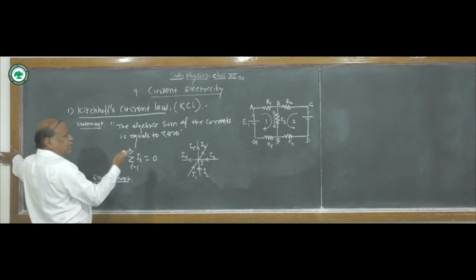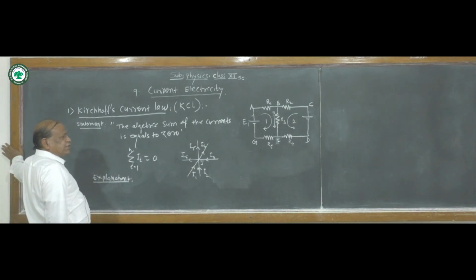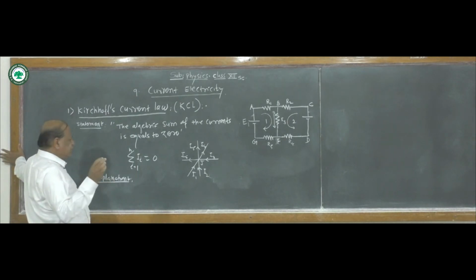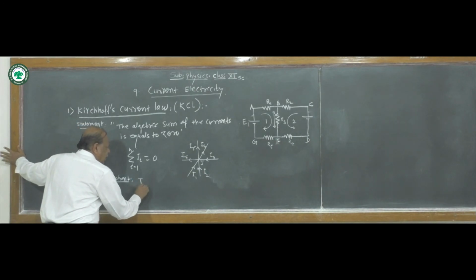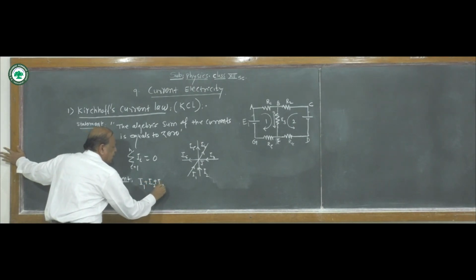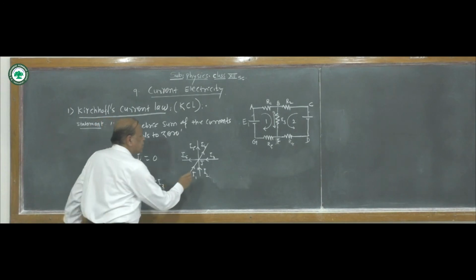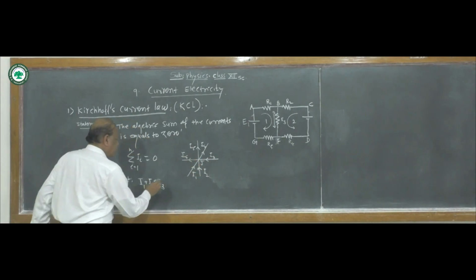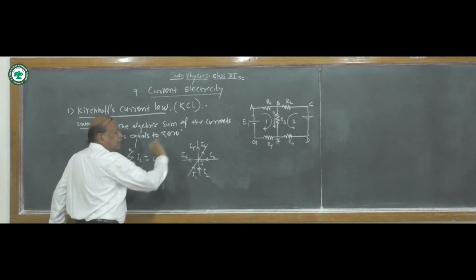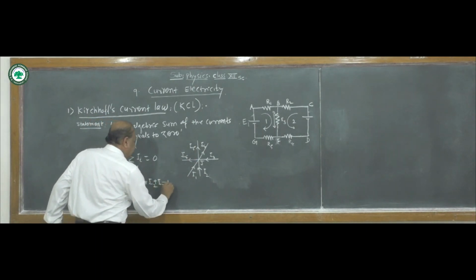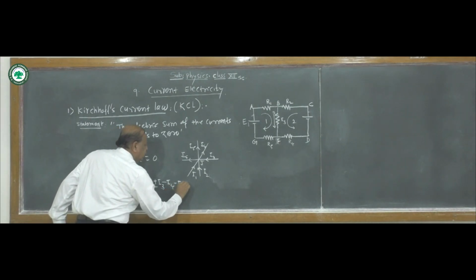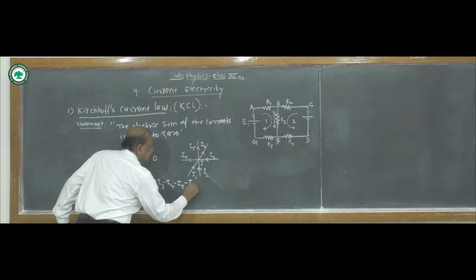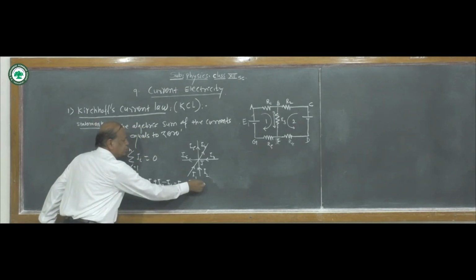According to these two concepts, what is the current entering the junction and what is the current leaving the junction? Therefore I1 plus I2 plus I3, these currents are entering the junction. Now these three currents are leaving the junction, therefore minus I4 minus I5 minus I6 is equal to 0.